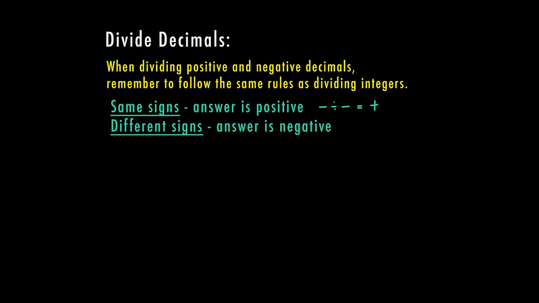And then same thing for different signs. If we have one that's positive and one that's negative, when we divide those, we're going to end up with a negative answer. Again, it doesn't matter which one's positive and which one's negative, as far as the larger number or the smaller number, it's going to be a negative answer if one's positive and one's negative. So let's go ahead and try a practice problem.